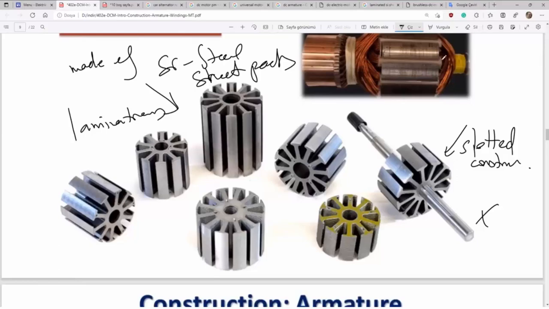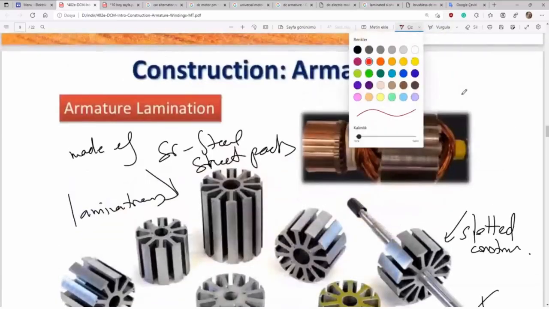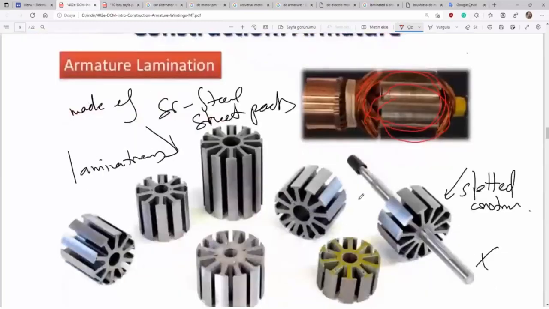So some coils, here you see, will be distributed from here to here, and then from here to another. I mean, let's say A to A prime, and then B to B prime, and C to C prime.